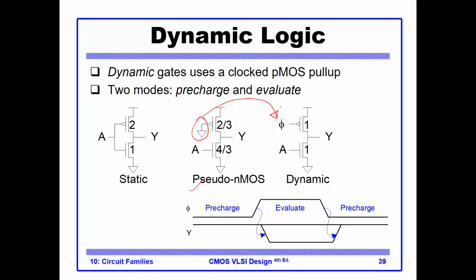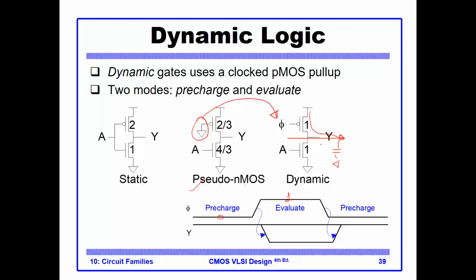And this clock phi synchronizes the evaluation of my circuit. Simply, this clock goes into two phases, like any other clock, where the clock equals 0 and the clock equals 1. During the clock equals 0, this will enable this PMOS, and it will charge up this output right here. So we will do a pre-charge.